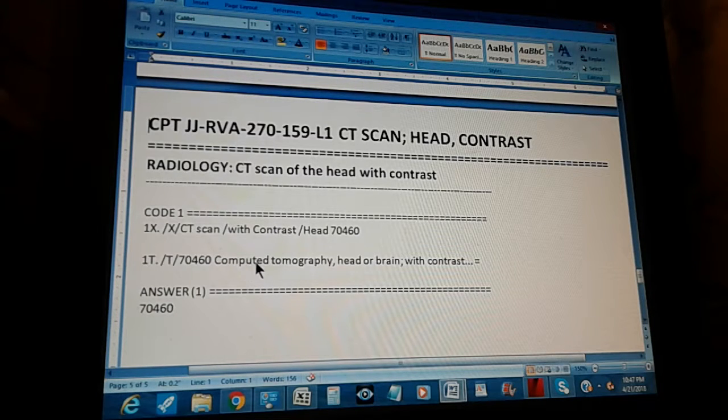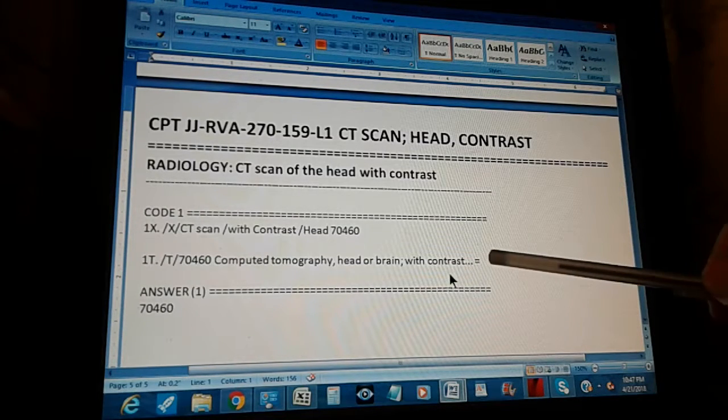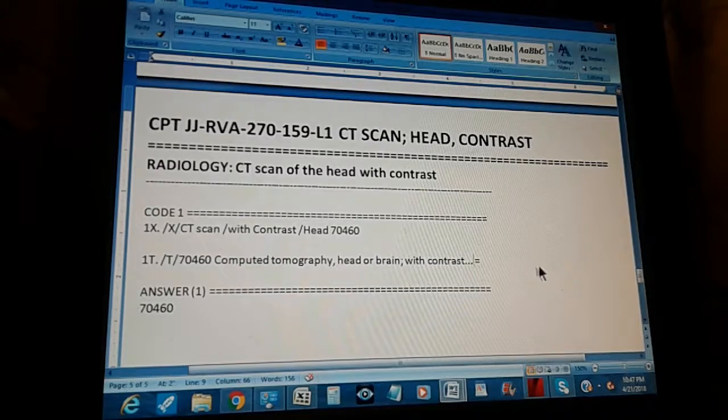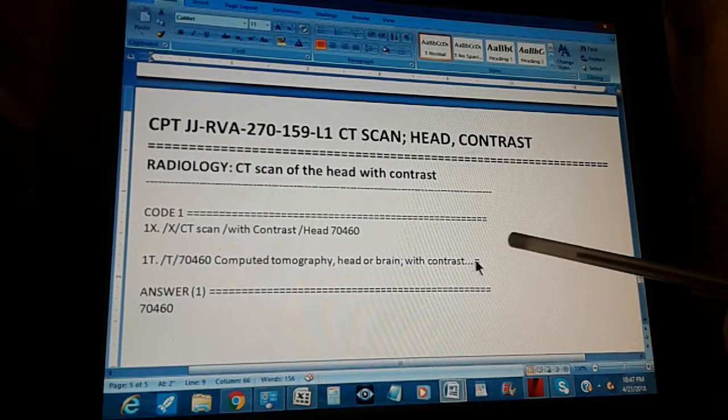We hope that it's the same as the text. What does it read? Computer tomography, head or brain, with contrast. The text doesn't say specifically brain, but it is head and with contrast. The ellipsis right here means that there are a few more words, but we're not interested in that. The equal sign at the end means that we have found our code.